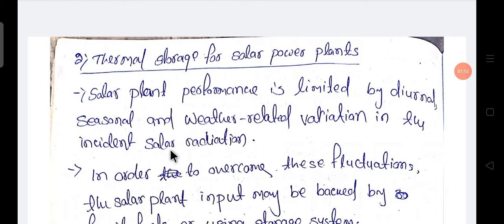That means the solar power plant performance is influenced by bad weather or winter weather, when the sunshine or solar radiation is not sufficient. That provides some fluctuation or effect on the thermal production in the plant.